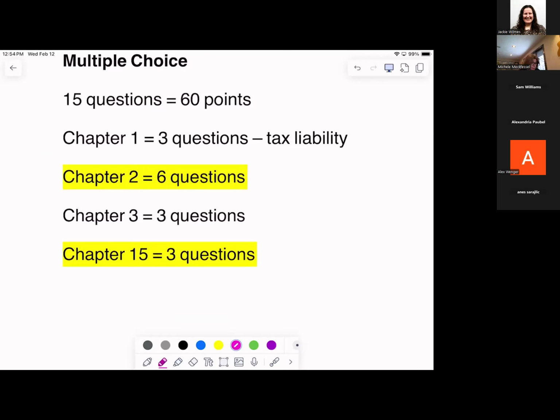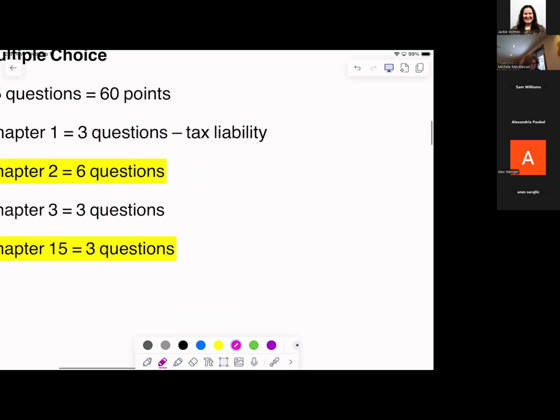And so the things to think about in chapter 1: remember how to calculate tax liability. That is, of course, a big deal. Remember that filing status matters.